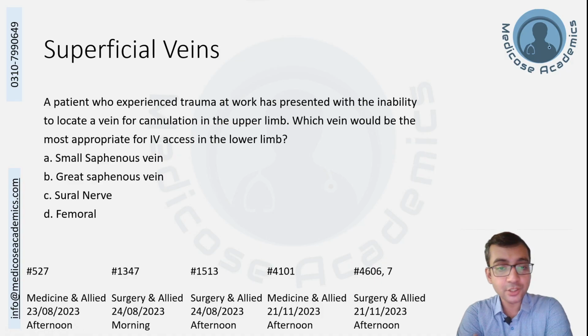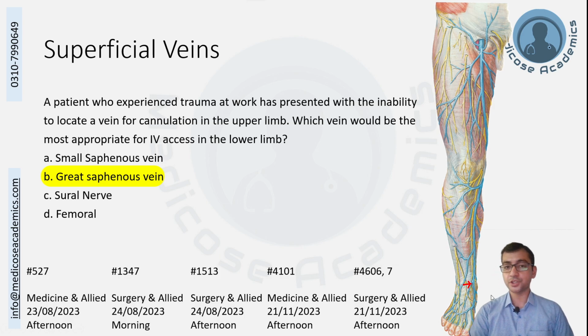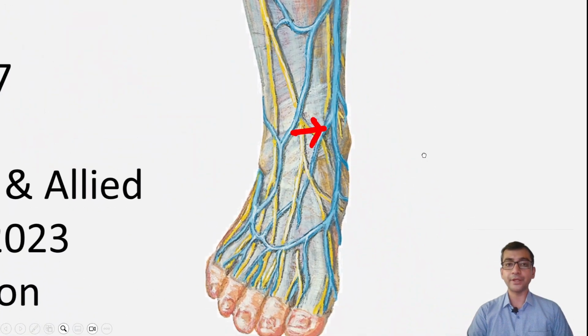The patient who has experienced trauma presented with inability to locate a vein for cannulation of the upper limb. Which vein would most likely be appropriate for IV access in the lower limb? A very commonly used vein is the great saphenous vein. Why? Because it's one of the largest superficial veins of the body, and secondly it has a very constant position in front of the medial malleolus.